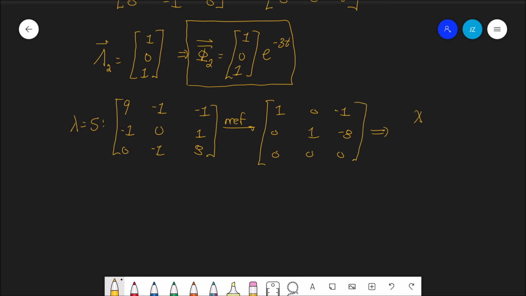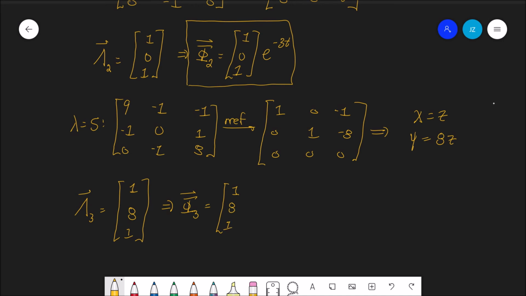So we have the system x is equal to z, y is equal to 8z. So we take our third eigenvector to be 1, 8, 1, which gives us our third solution vector, 1, 8, 1, e to the 5t.